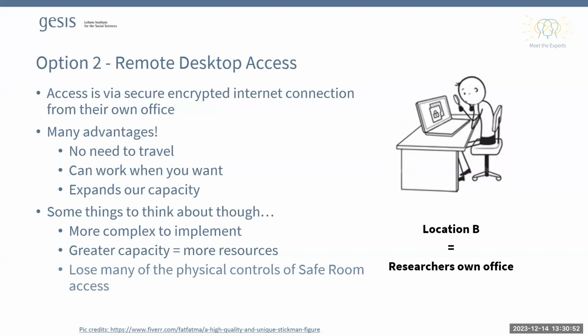And we can't just say, oh, it doesn't matter that we can't check people's ID, or it doesn't matter that we can't control whether a researcher sat there with their laptop and their smartphone taking pictures. We can't just say that. We have to find some way of replacing these safeguards. Otherwise, what we have is a security model which is weak and it's not going to be sufficient. So it's great for researchers, a little bit more of a headache for those of us who are trying to implement the service.